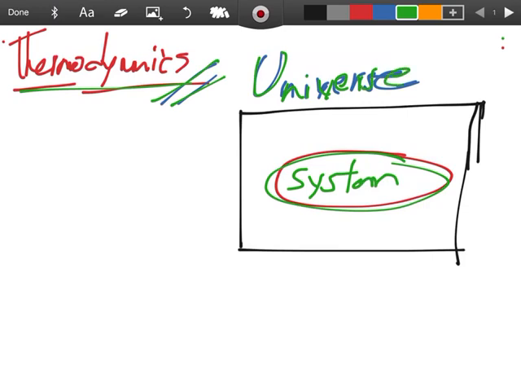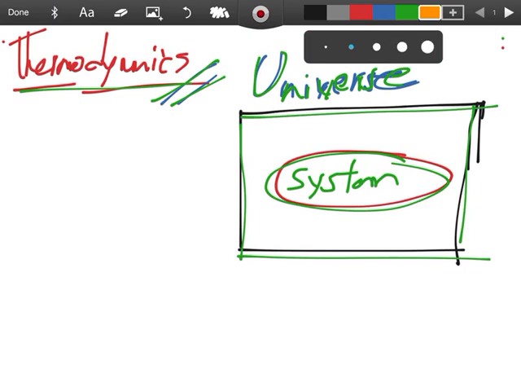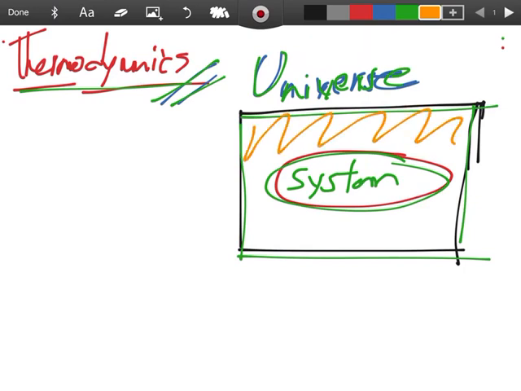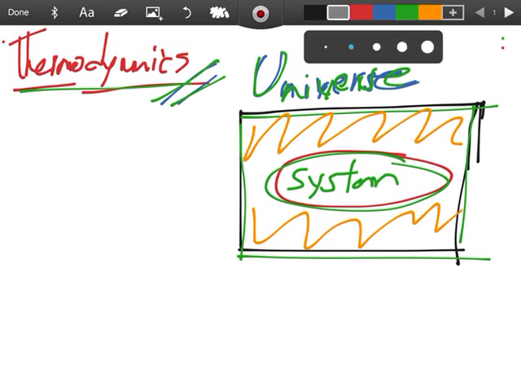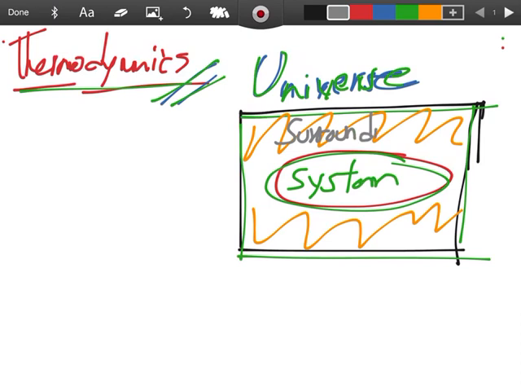Very well. And the system, it's important that although it has limits, the ones that we have already set for it, it's also in interaction with what? With everything around it. So we're going to call this the surroundings.